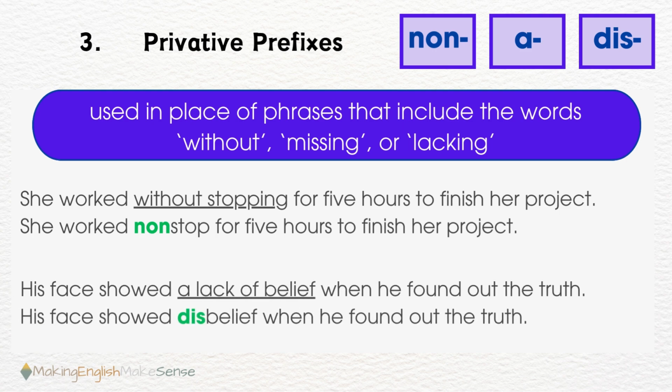As another example, the sentence, "His face showed a lack of belief when he found out the truth," is shortened to, "His face showed disbelief when he found out the truth." This time the prefix dis is combined with the word belief and is used in place of the phrase a lack of belief.